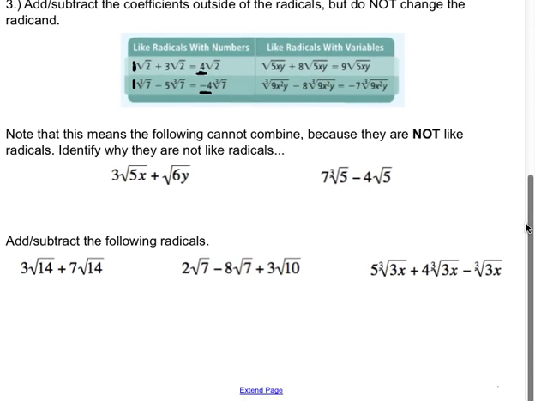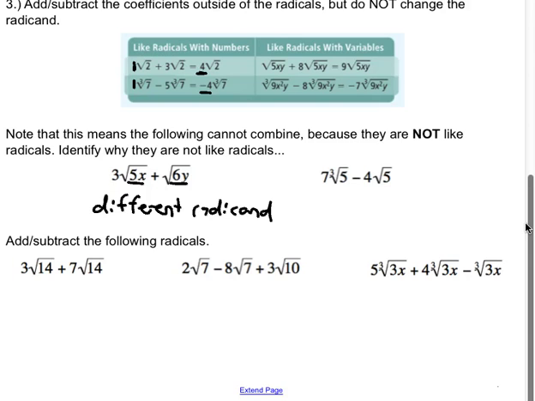What I mean by that is I have two examples here that don't work, and let's identify why we can't combine them. Here, those are not like radicals because you have a different radicand. If you have different values inside the square root, it's not going to work.